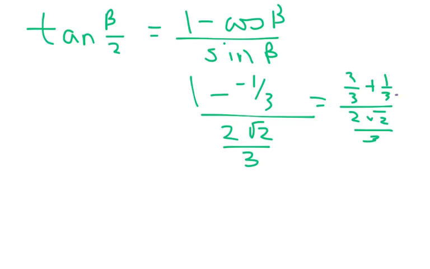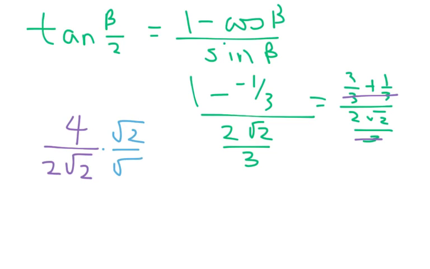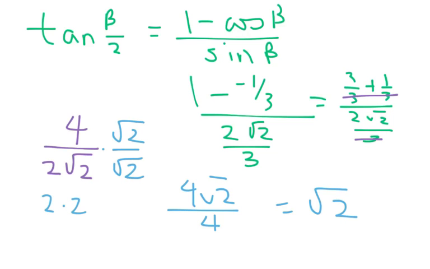The 3's here will cancel. So 3 plus 1 is 4. So you have 4 over 2 root 2. Now when you rationalize it, we multiply by the square root of 2. So you have 4 root 2 over 4, because this is 2 times 2 here, and our answer would just be root 2. This is it.